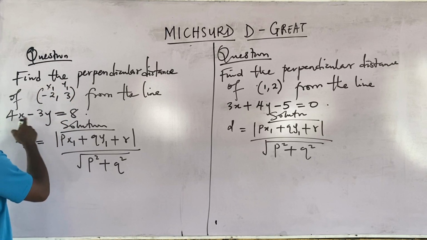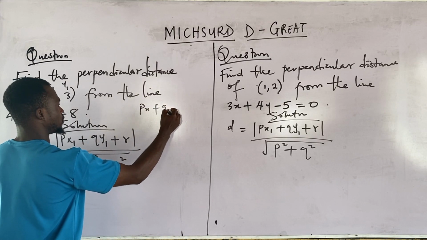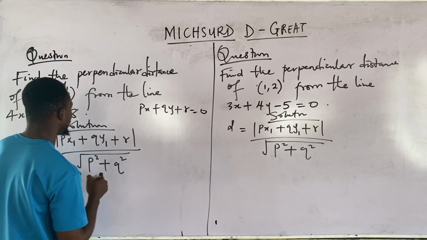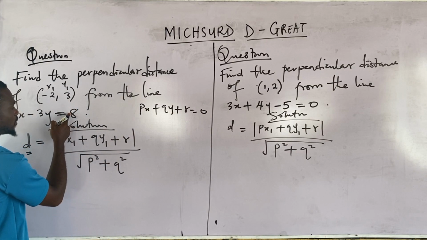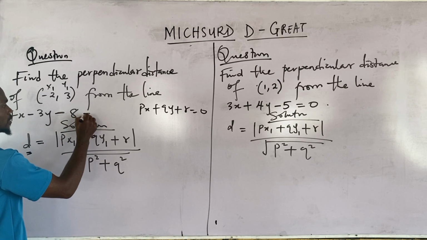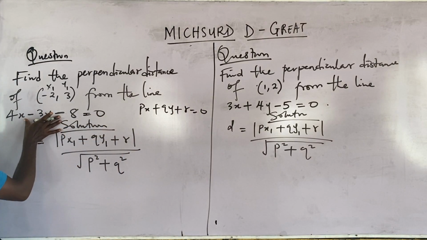So now when we look at this equation, we have that px plus qy plus r is equal to 0. So if we compare this equation with this, you will see that if 8 moves over to this side, 8 becomes -8 and everything is equal to 0, so that we can now compare this equation with this one.